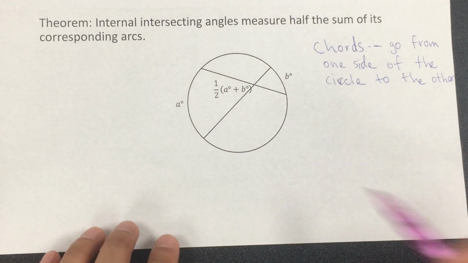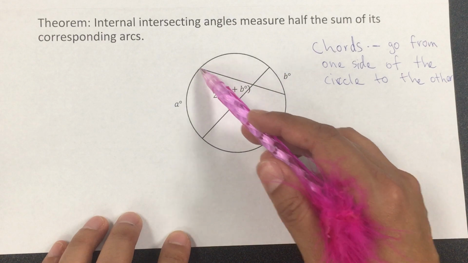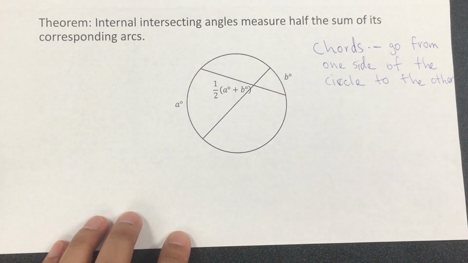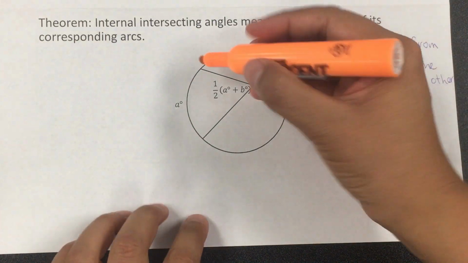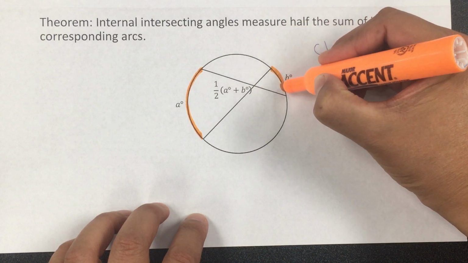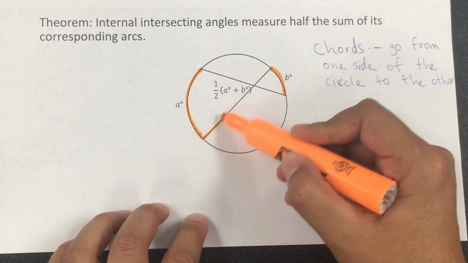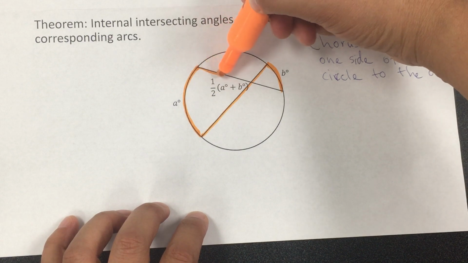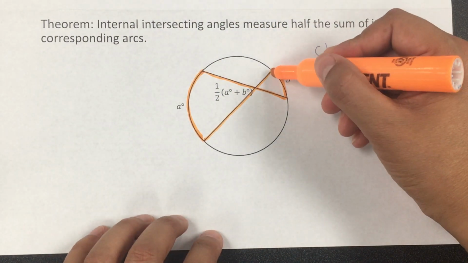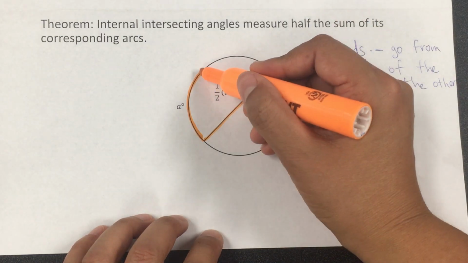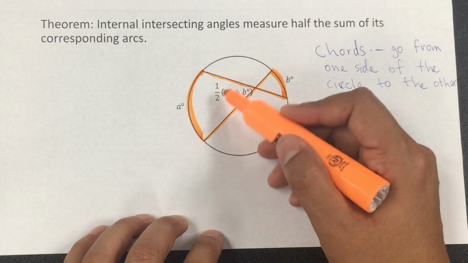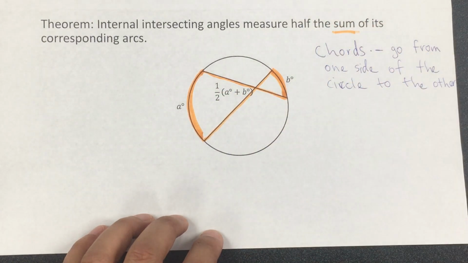Okay, so whenever you have two chords intersecting, what it says is that they form, I call it, like a bow in here. Okay, like a bow in here. And anytime you see this kind of figure, what you're going to do is get A plus B and then get half of that sum.